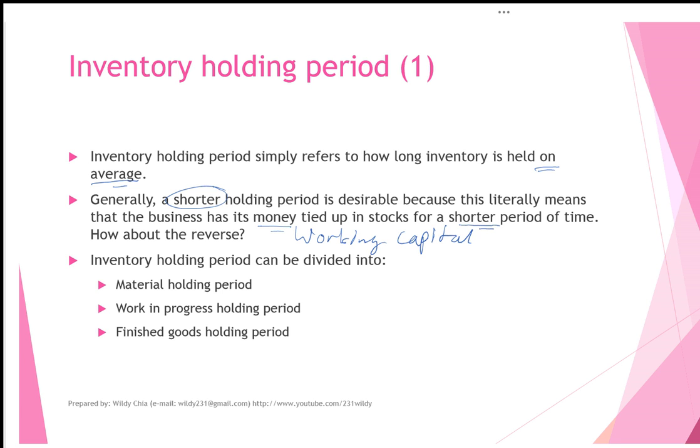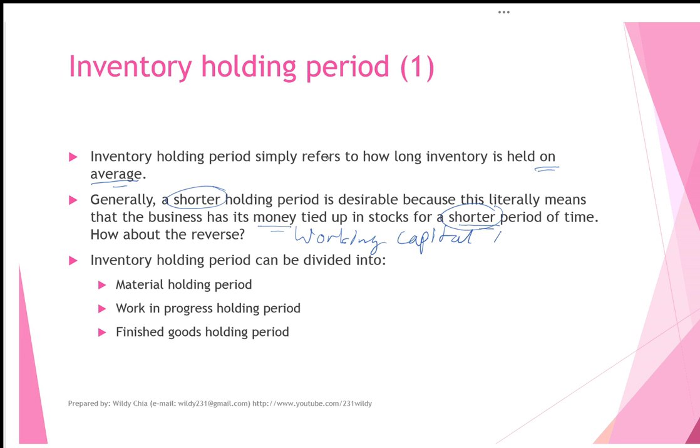Think about a grocery shop or a supermarket. The sooner the vegetables can be sold, the earlier the money can be recovered and used to buy new stocks, and those new stocks can be sold earlier. That means the funds can be recycled faster, which is why shorter holding periods are always more desirable.